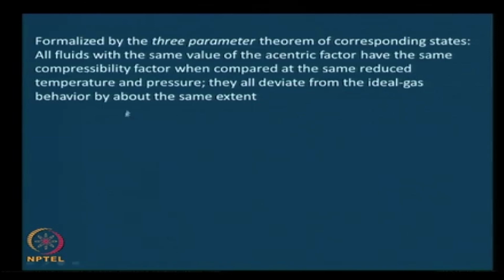This was actually formalized by the 3 parameter theorem of corresponding states. All fluids with the same value of acentric factor have the same compressibility factor when compared at the same reduced temperature and reduced pressure. That is a theorem, or in other words, they all deviate from the ideal gas behavior by about the same extent.